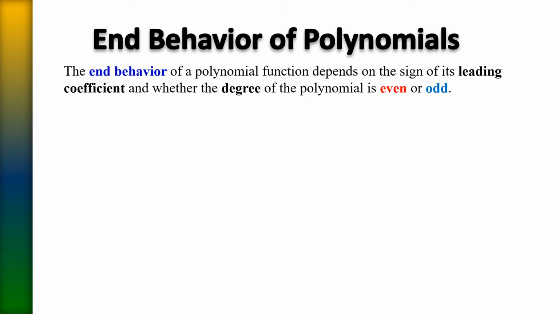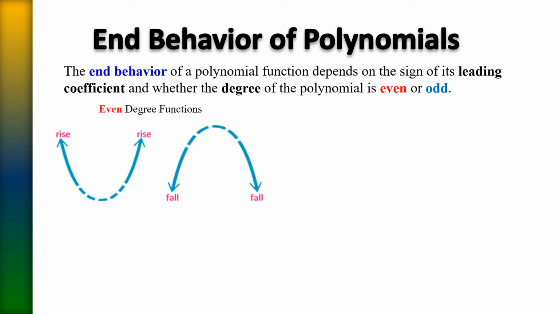An even degree polynomial not only will have an even number for its degree, but the ends of the graph on both ends will either face upward, a rise, or they'll face downward, a fall. And it's going to be that leading coefficient that determines that.